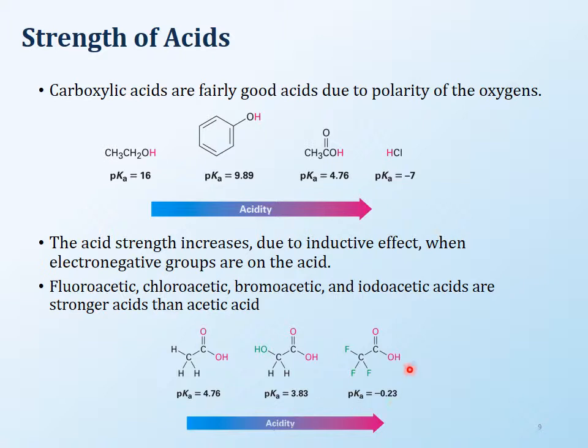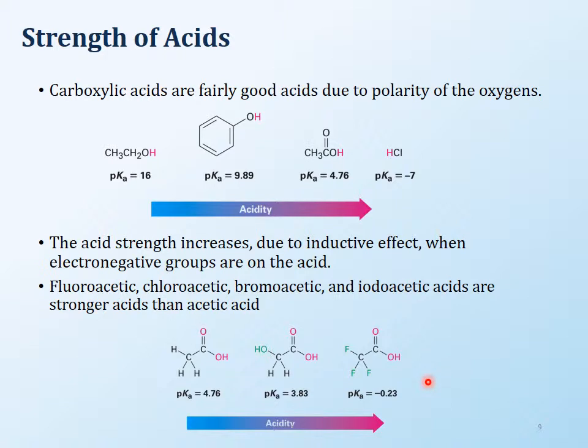The same thing happens, actually worse, when you have 3 fluorine groups, because fluorine is so highly electronegative that the effect is 3 times more, and so the pKa drops to even below 1, which makes trifluoroacetic acid a very strong acid. It almost borderlines the mineral acids now, with the pKa level.